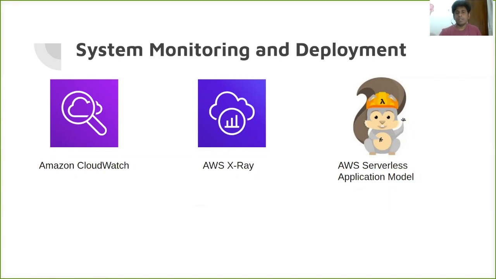And for deployment, especially for serverless applications, we can make use of the Serverless Application Model, which they introduced about 2-3 years back. Underneath, we can make use of CodeBuild and CodePipeline to do the deployments.